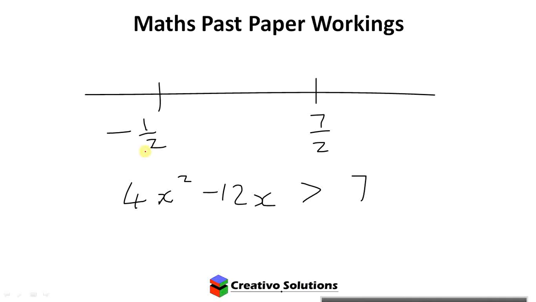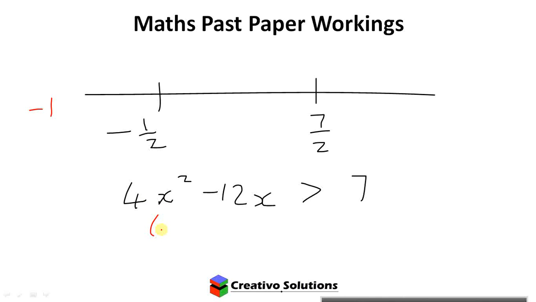What number do you want to use? Okay, what did you say? Take any number smaller than minus a half. Which number do you want to use? 0. 0 is not less than negative a half. Negative 1. Okay, let's use minus 1.